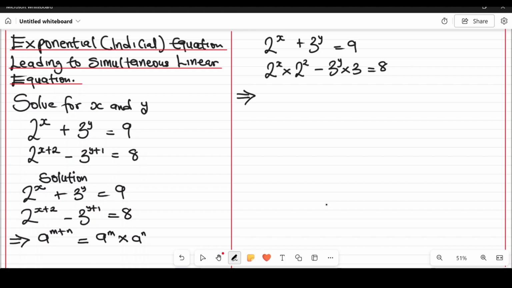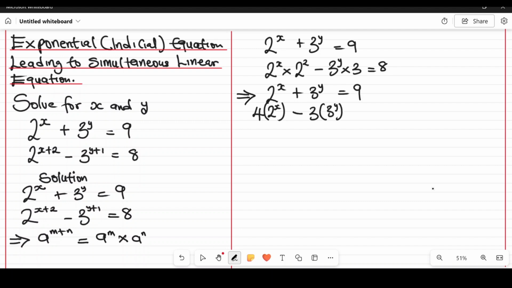Now we can finally express our equations as 2^x + 3^y = 9, and 4 multiplied by 2^x minus 3 multiplied by 3^y equals 8.